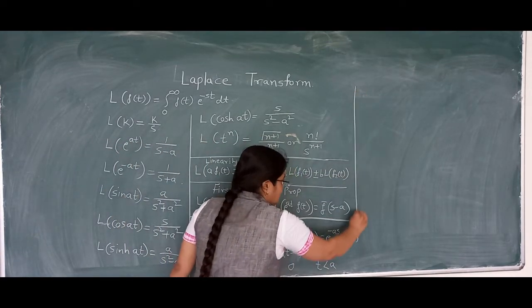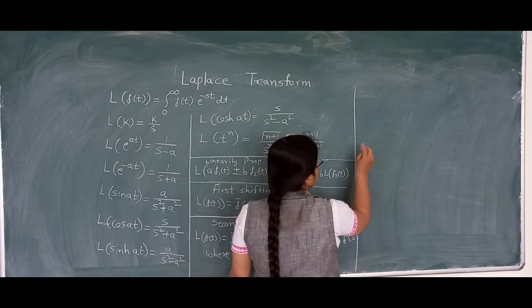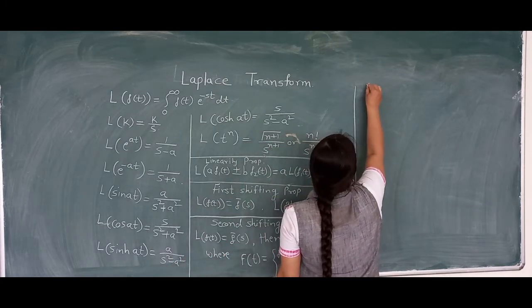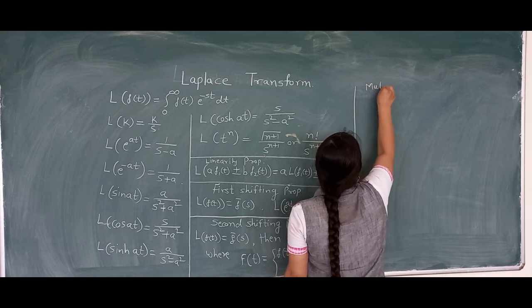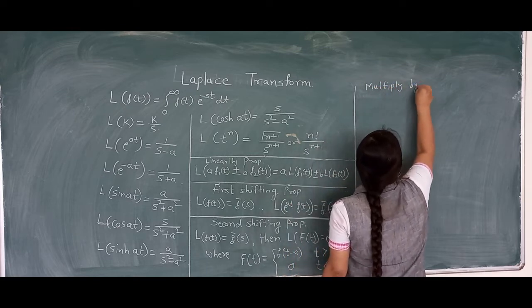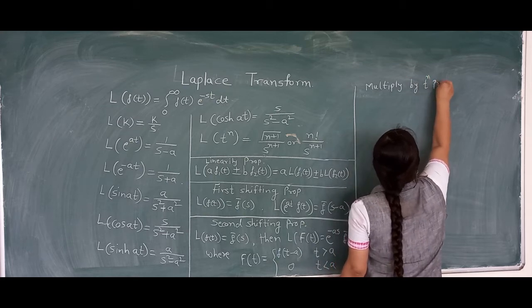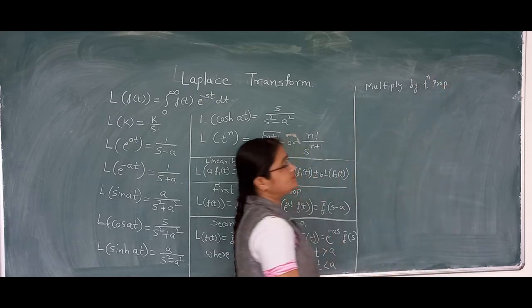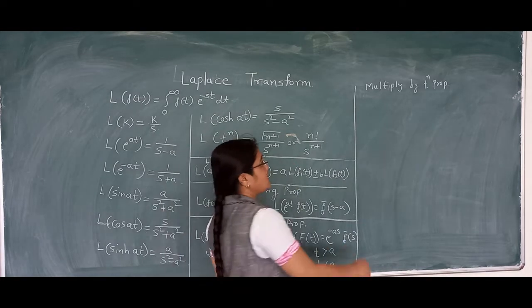After that, we see the next property, that is the multiply by t property. What is this multiply by t property?